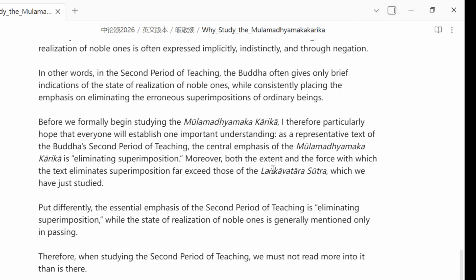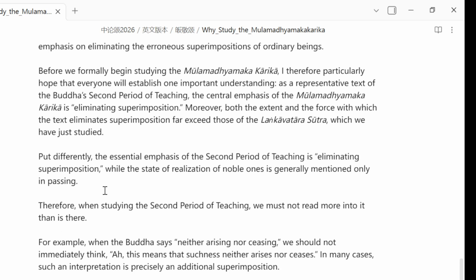Moreover, both the extent and the force with which the text eliminates superimposition far exceed those of the Lankavatara Sutra, which we have just studied.